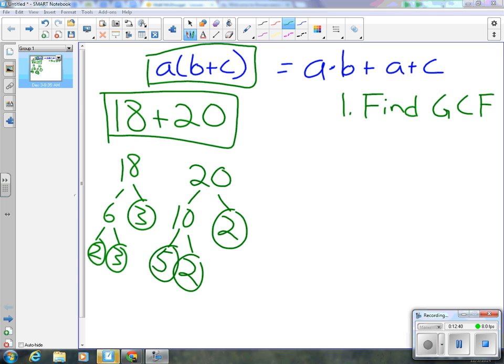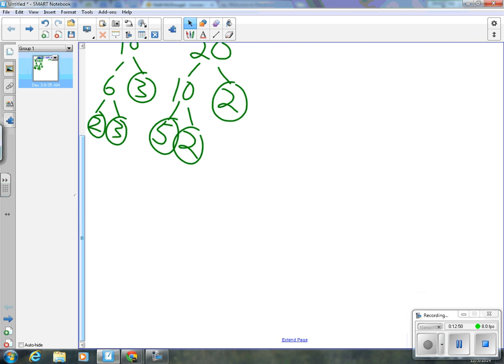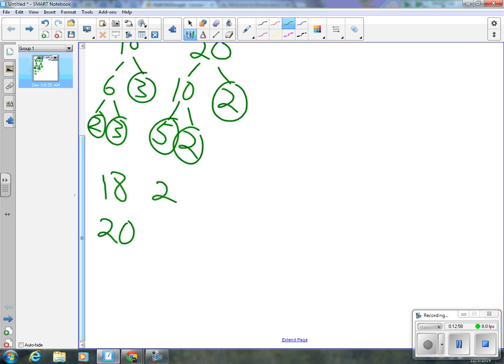So we can make our little chart. We have 18 and we have 20. And for 18, it's 2, 3, 3. And for 20, it's 2 and 2 and 5.